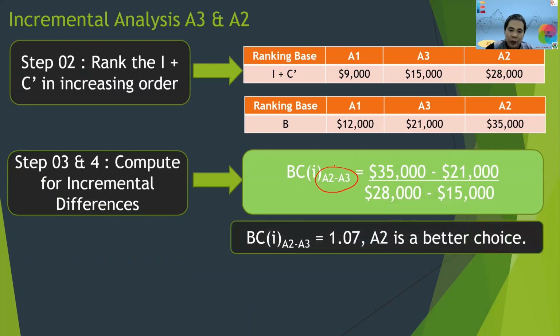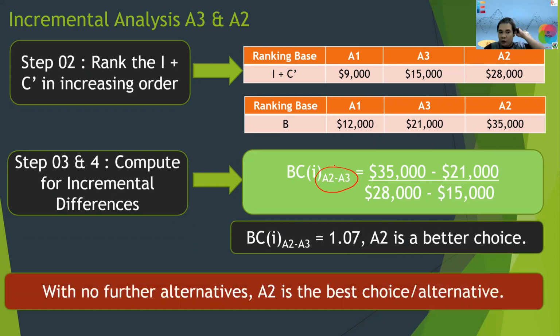It will give you an incremental BC ratio of 1.07. Therefore, this means A2 is greater than A3, so A2 is a better choice. With no further alternatives, A2 is the best choice for this problem.